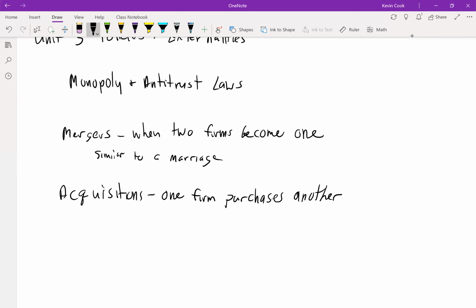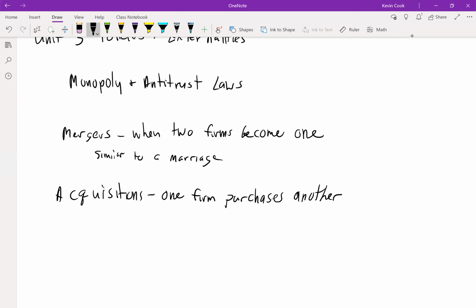Similarly, if I go out and I purchase a house, I acquire a house. Firms are kind of the same way, right? If I come out and I say, hey, here's $5 billion, I'm going to run your business now, in this case, I'm paying for it, I'm acquiring that business, and it's now mine. So we have acquisitions.